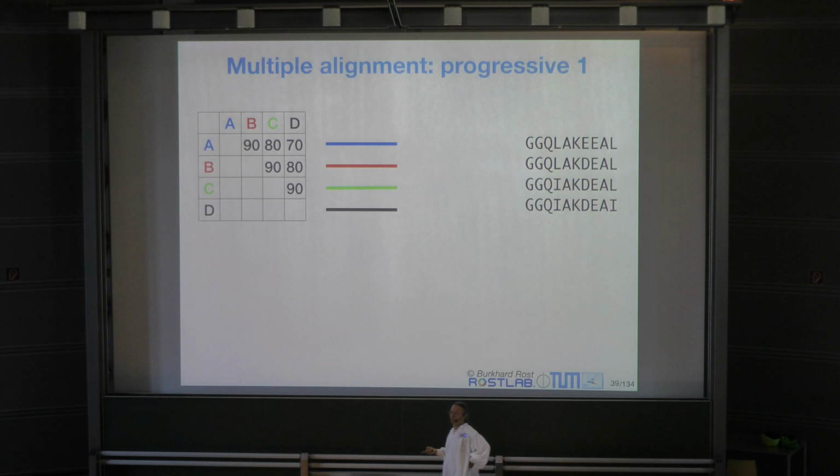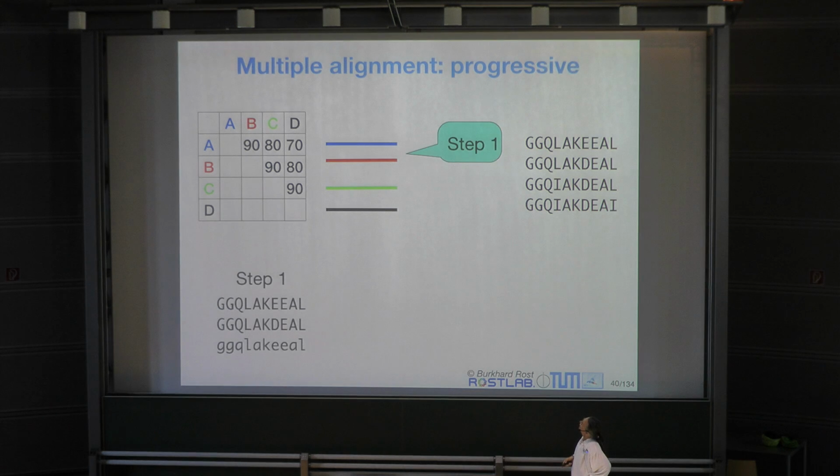That gives me a sorting. Now I begin to take the first pair, the one that has the highest sequence identity. I could do AB or I could do BC, but let's start with AB. Those are the sequences underneath. I'm going to simply align A and B, the most similar pair.